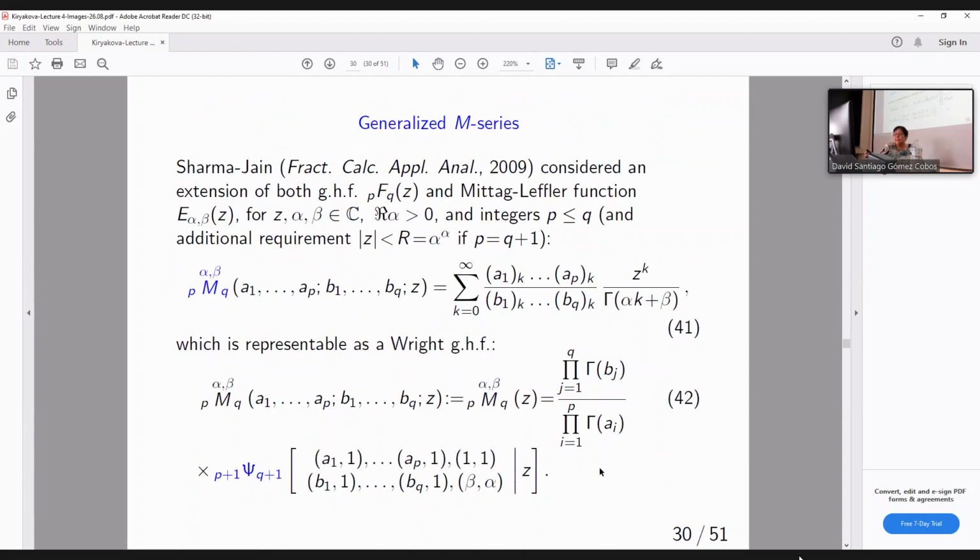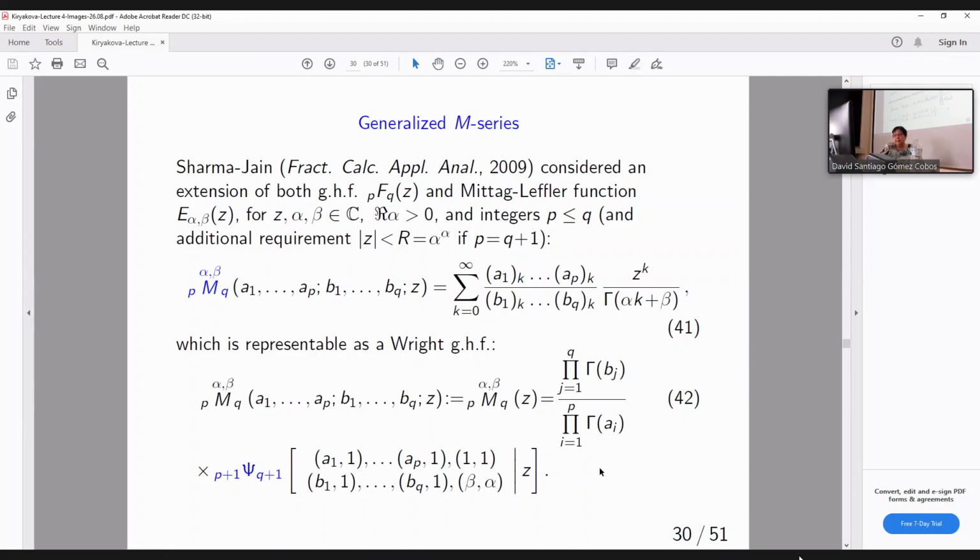And I mentioned an interesting example, the M-series by Sharma, that are a combination between the pFq function and Mittag-Leffler function.